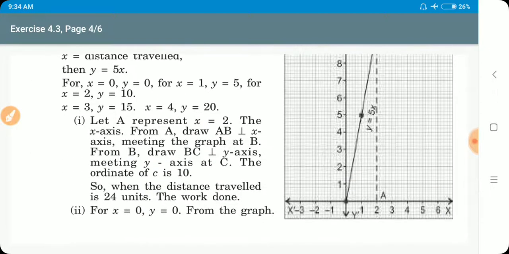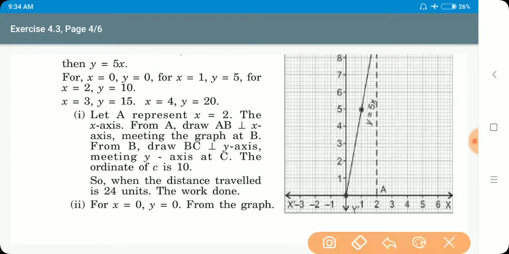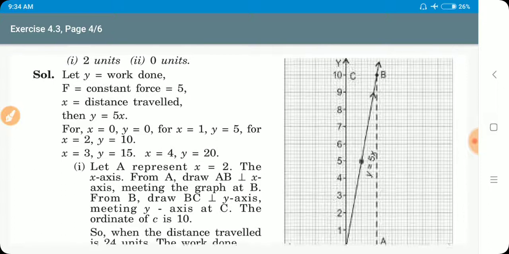So suppose I am taking x equal to 2. Then y will be 10, as I have already solved here. When x is equal to 2, y will be 10.